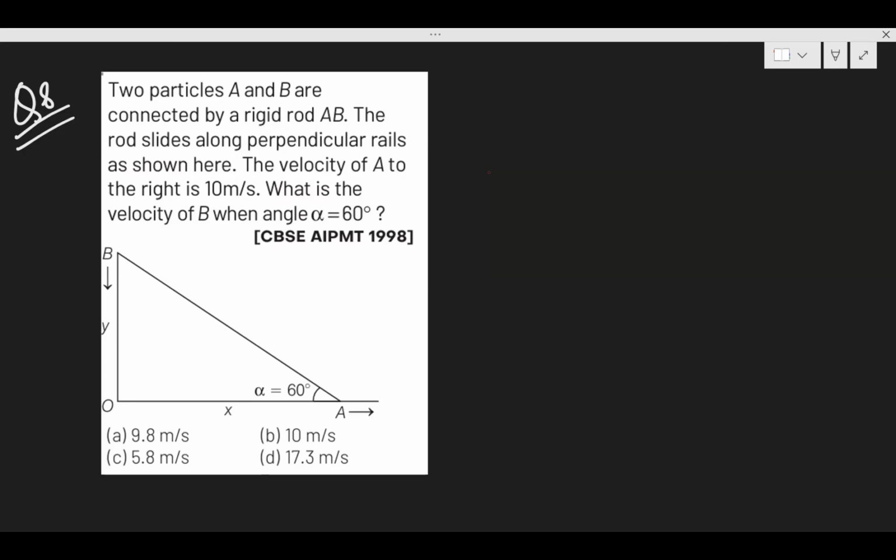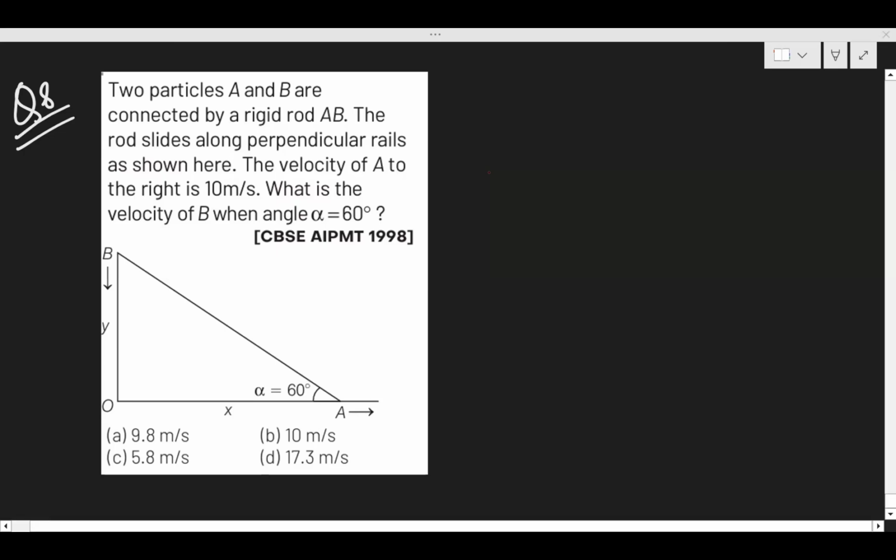Maha, please note this question. This is the one which I was referring to, that yes, questions are there from this. First, you write this. Okay.